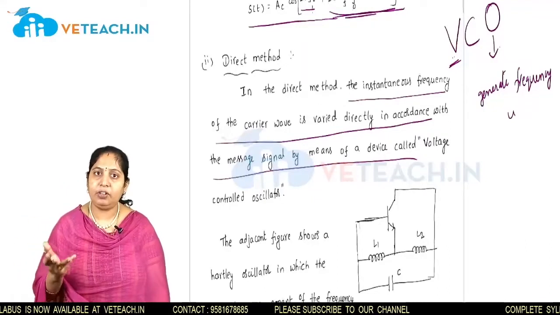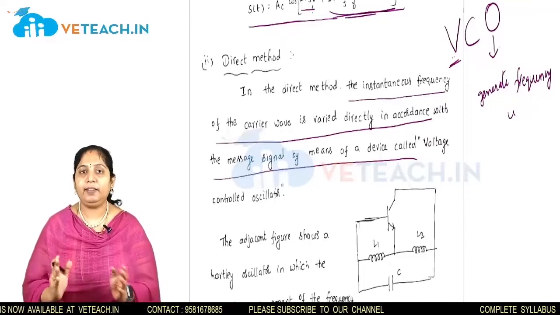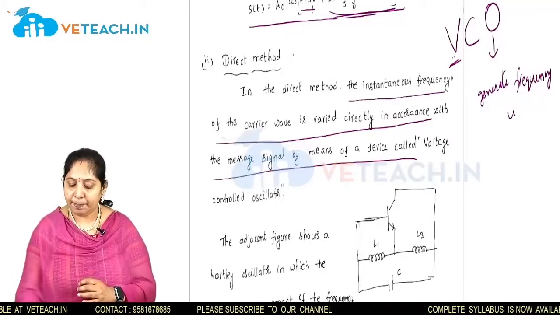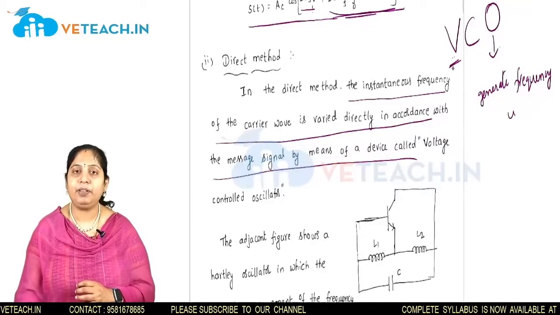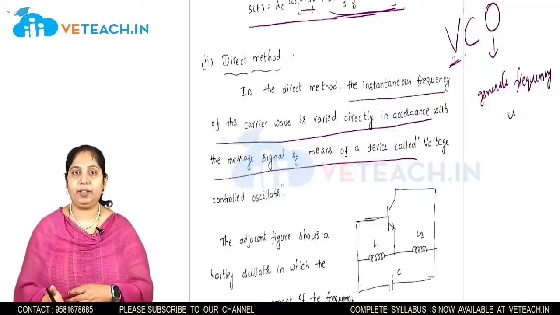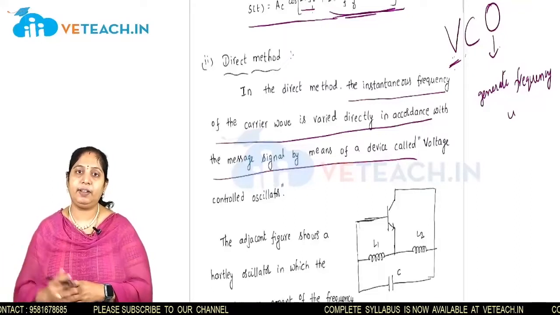That frequency modulated signal itself is nothing but a signal having different frequencies. So directly, with the help of some voltage, we are controlling the oscillated frequency. Like this we are going to generate a frequency modulated wave.